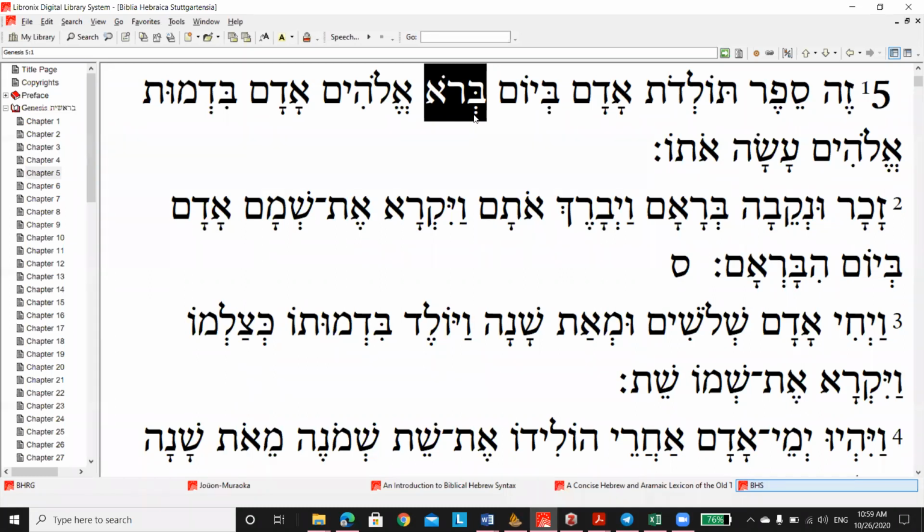And in this case, infinitive should be translated as gerund, with the ing suffix. So in the day of creating, or in the day of creation, like this.